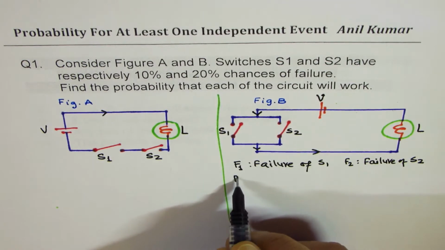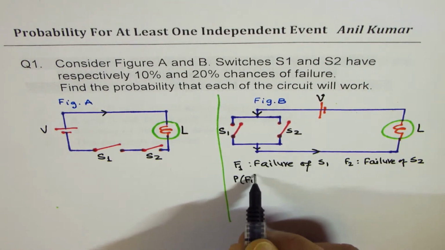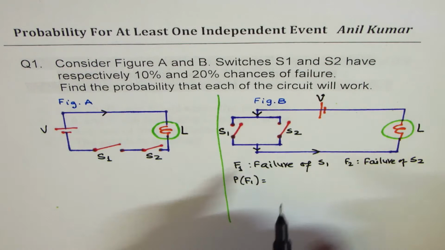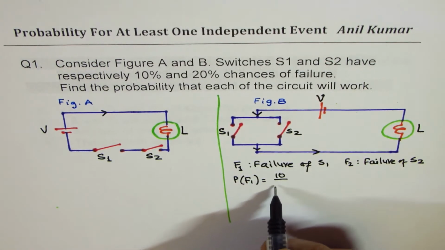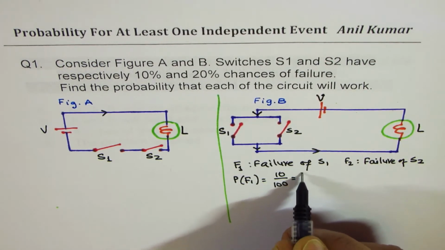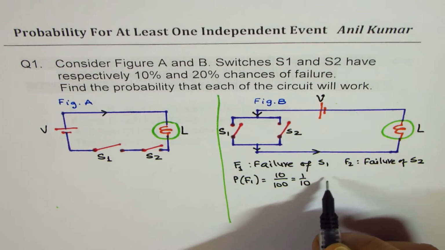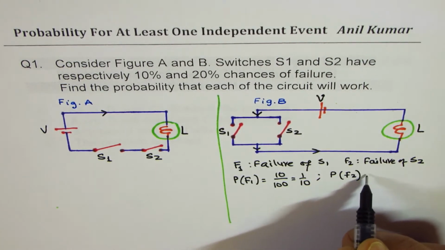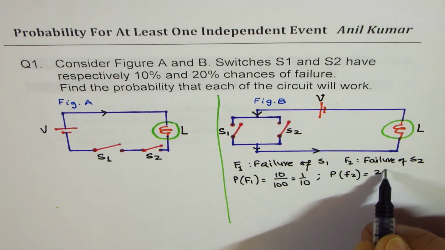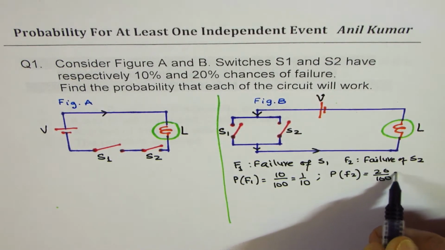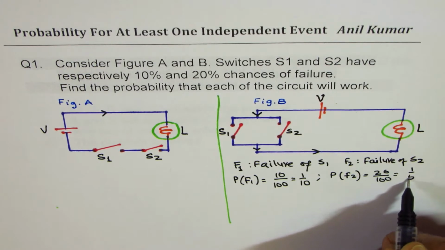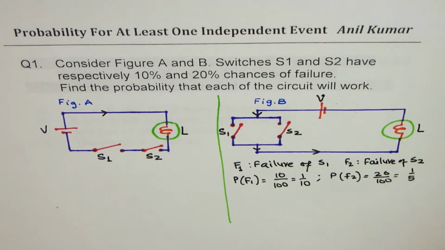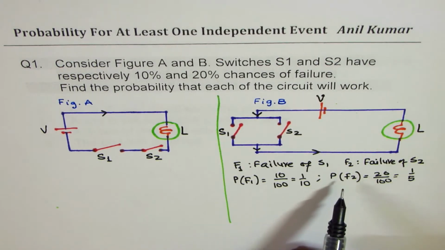So what is the probability of failure of the first one? 10%, right? So that means 10 out of 100, which is 1 out of 10. The probability of failure of the second one is 20%. That means 20 out of 100, or 1 out of 5. Correct? So that becomes the probabilities of these two.